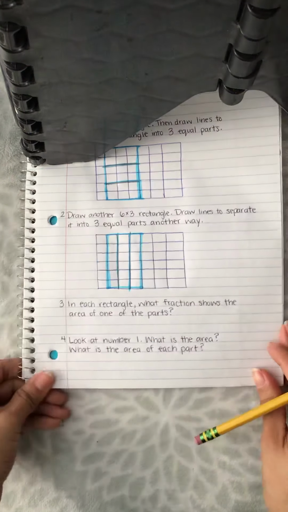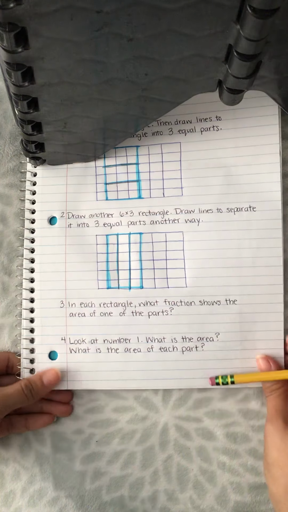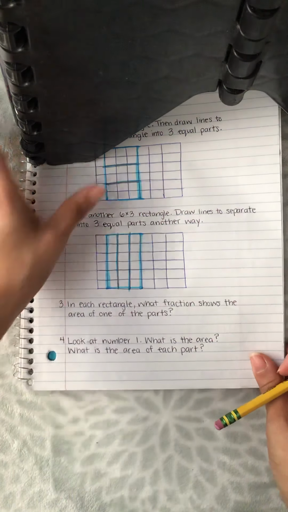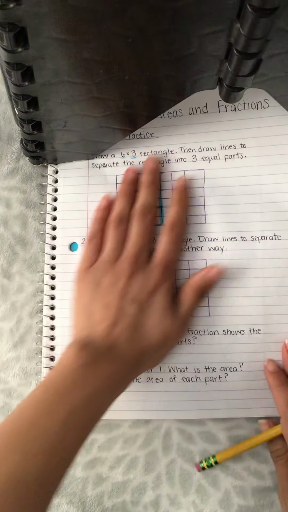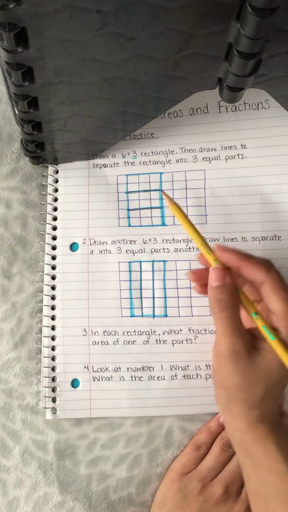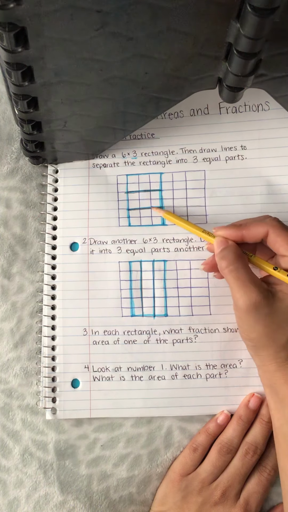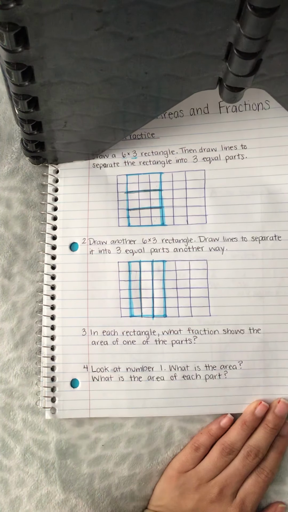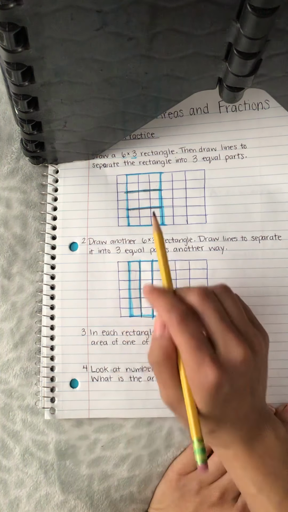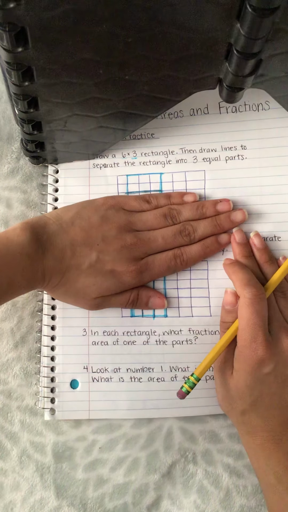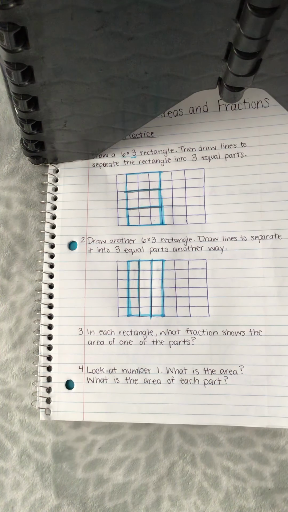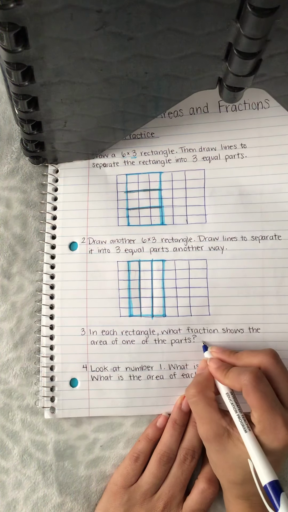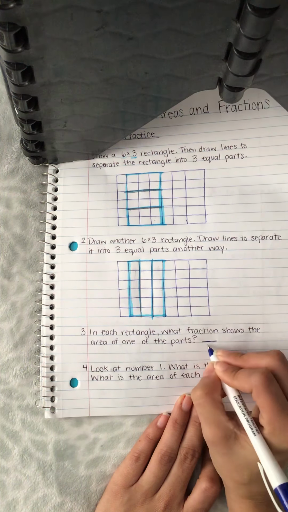Number 3, it says, in each rectangle, what fraction shows the area of one of the parts? So if I just look at, I have 3 parts, right? 1, 2, 3. What fraction shows the area of just one part? So first, I know that my total, I have 3 parts.